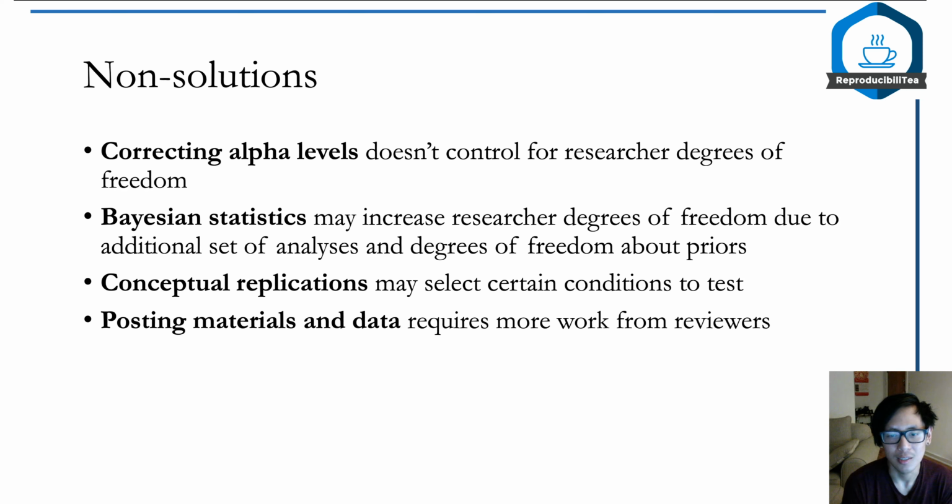Let's say if you run 2 contrasts post hoc, it will become 0.025. So those kind of controls don't control for the researcher degrees of freedom. They have no impact on, no adjustment for deciding how many subjects you ran or what test you run. So that's a bit of a problem.